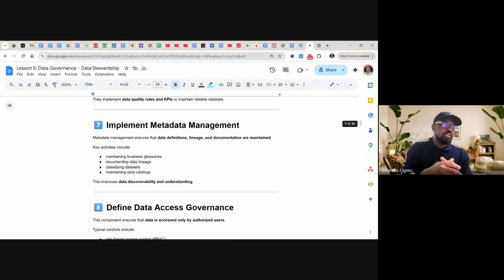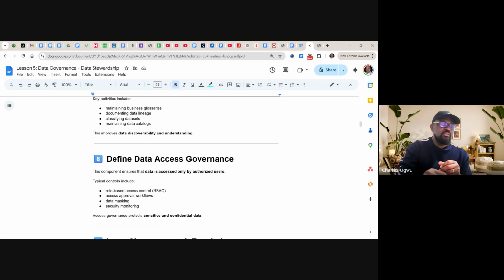And this improves data discoverability and understanding. And the 8th component within the governance framework is to define data access governance. We've talked about data access. If you remember very well, it's part of the first thing we did.